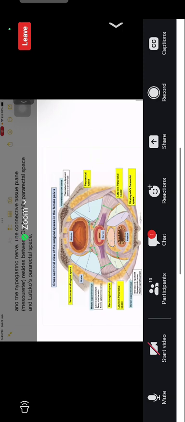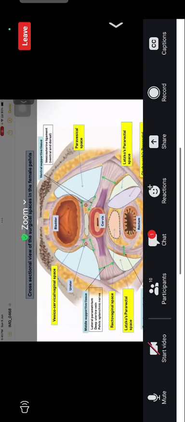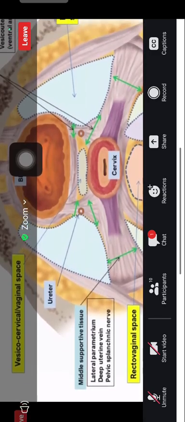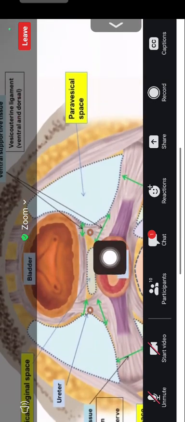Here is a more pictorial diagram of these spaces. Just visualize the space. You will come to know what I am trying to describe to you. This is anteriorly the bladder. Immediate to it is the vesicovaginal space, then the cervix, rectovaginal space, the rectum.